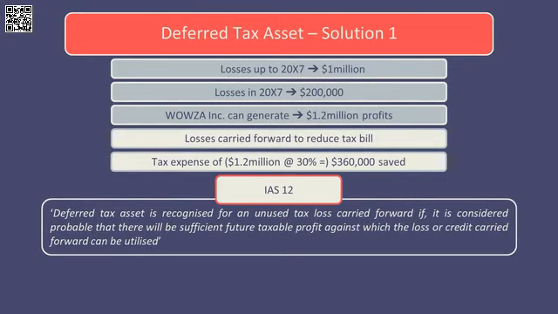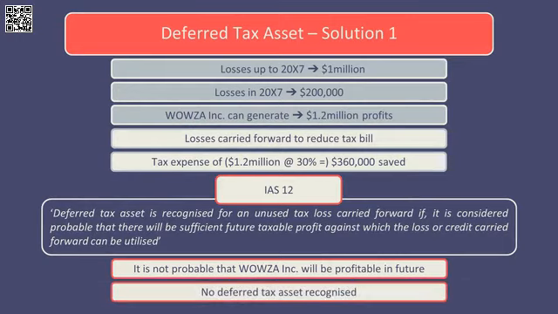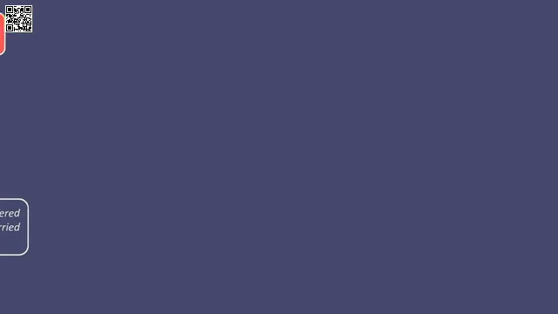And based on what we know so far, it doesn't look probable. There is no sales contract which demonstrates that the company will make a profit. And the company has been consistently making a loss in recent years, which, according to the standard, indicates that it is not probable that the company will make a profit in the future. Therefore, no deferred tax asset should be recognised.